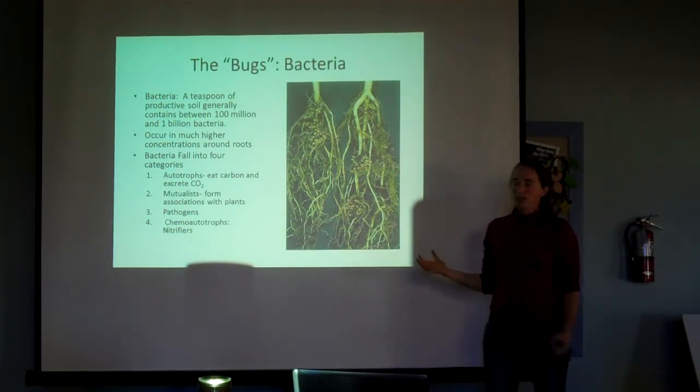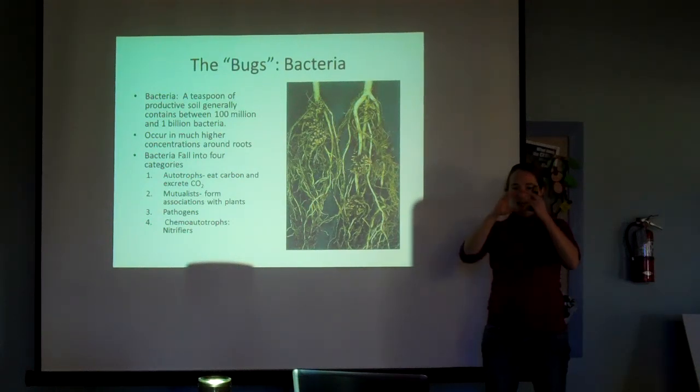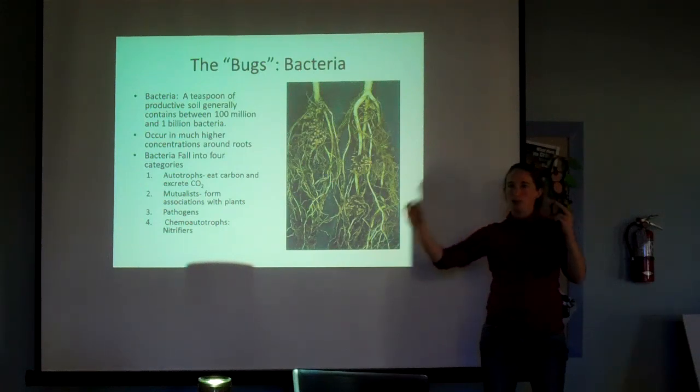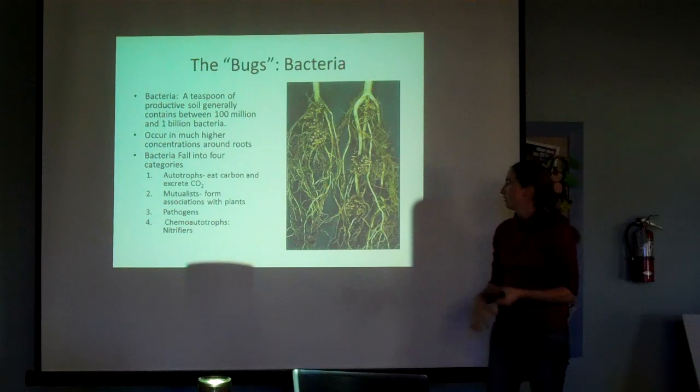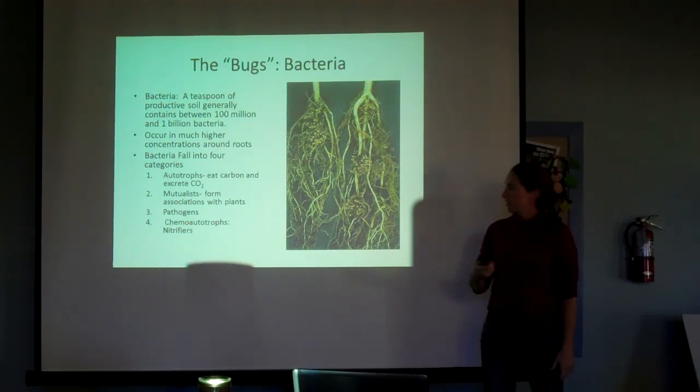One example of what chemoautotrophs do is they take that ammonia and turn it to nitrate, and that happens all the time in soil. It's called nitrification. So the nitrifying bacteria make their living by oxidizing ammonia to nitrate. There's a little bit of energy gain there, and they take advantage of it.